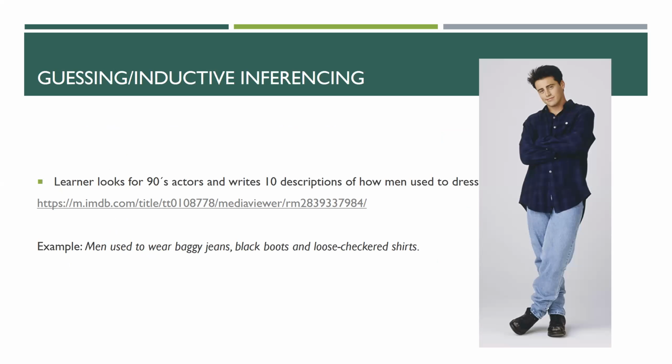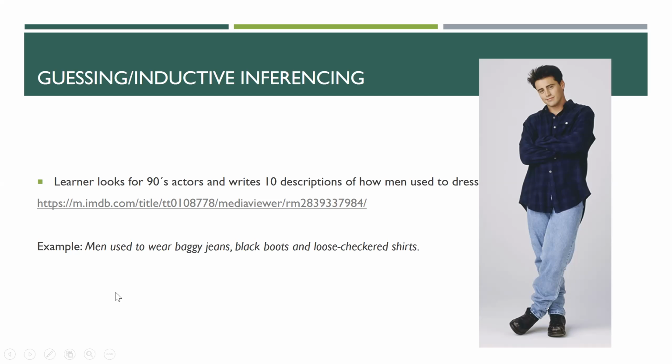In this case, we have this actor, Joey Tribbiani in Friends, and she had to describe how men used to dress in the 90s. No more information or structure was given. She had to guess, or infer, the way or the order of the description.